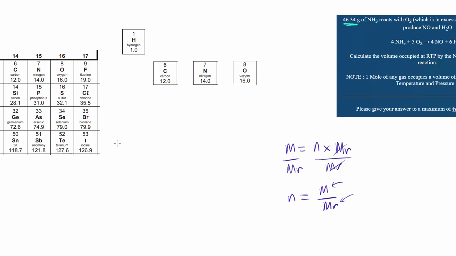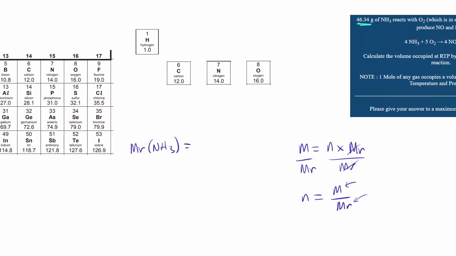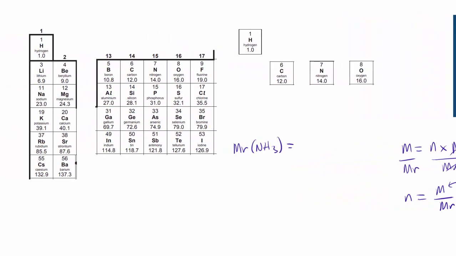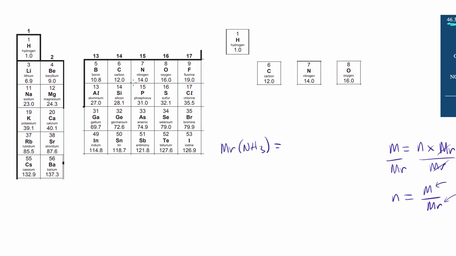So MR of NH3 is going to be equal to what? Well, we need the relative atomic mass of nitrogen, which is 14, and the relative atomic mass of hydrogen, which is 1.